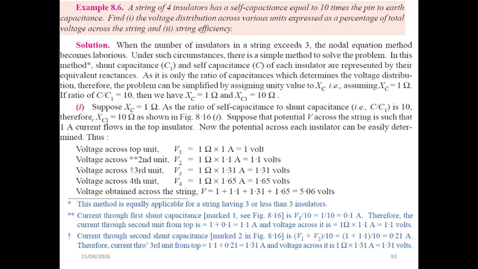So as a result, the current increases progressively from the top unit to the bottom unit, and by multiplying the current through each insulator by its reactance, 1 ohm, the voltage across each unit also can be calculated.